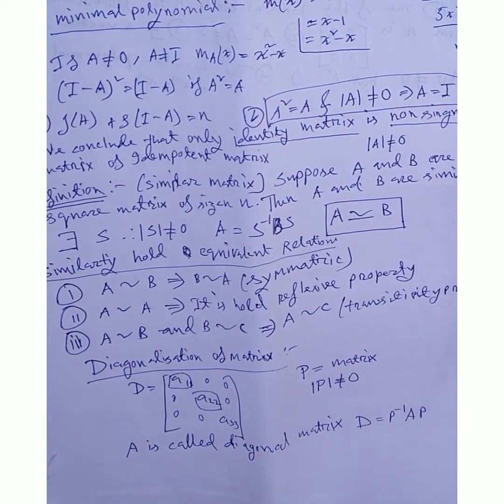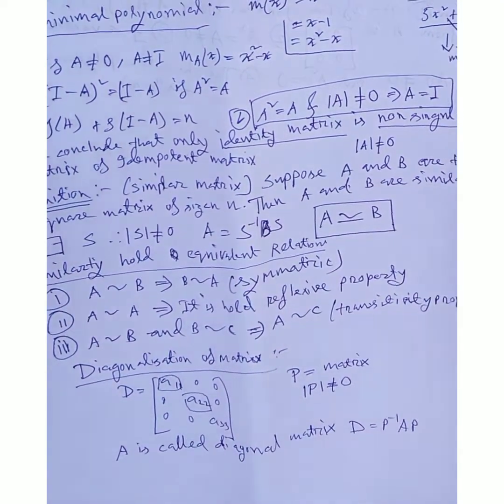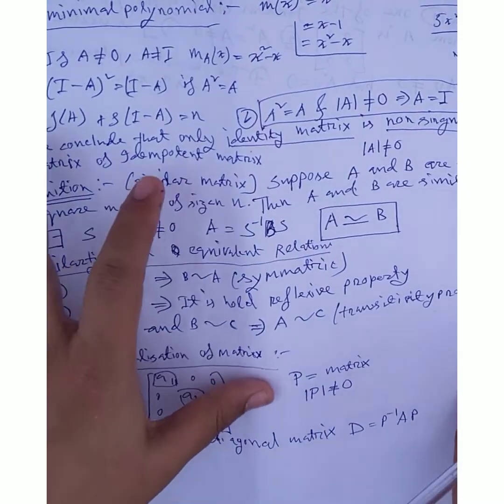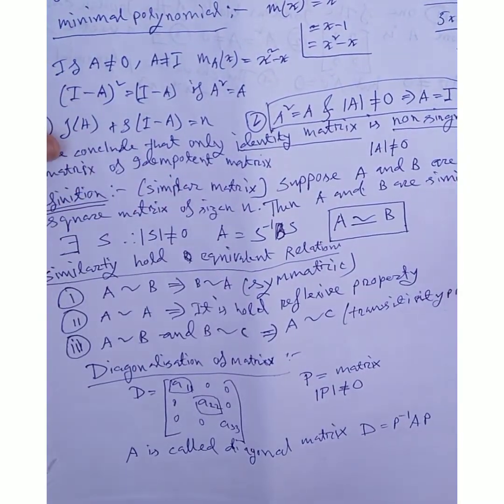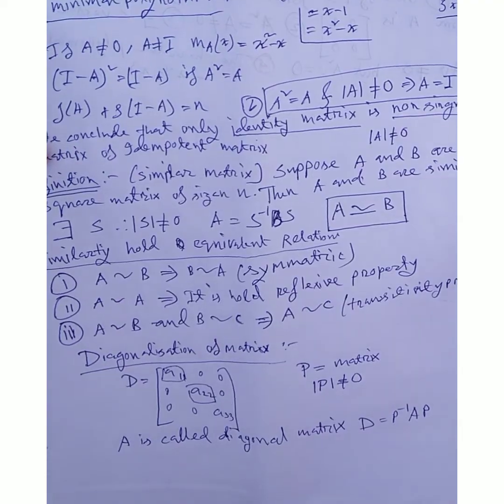Okay, when D is equal to P inverse AP, then this is called a diagonalized matrix, and here P is non-singular.